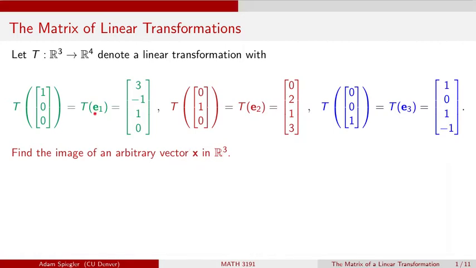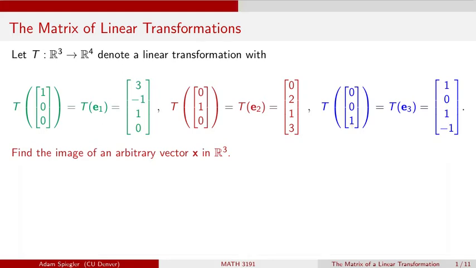I want to make another mention about this notation with E1, E2, and E3. These are called the standard column vectors. These E's are bold because these are vectors. E1 is a vector where the first entry is 1 and all of the rest are zeros. E2 is a vector where the second entry is 1 and all of the rest are 0. E3 has zeros everywhere except for the third position.